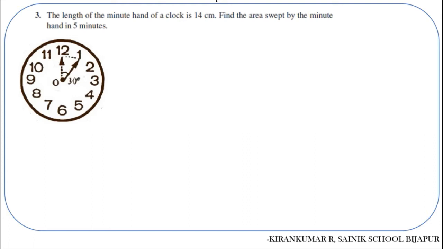In 5 minutes, there will be 30 degrees. The reason is one complete hour will make 360 degree, which has got 60 minutes. So 360 upon 60 into 5 will be giving 30 degrees. So the angle inclined is 30 degree. With respect to 30 degree, we can find the area.